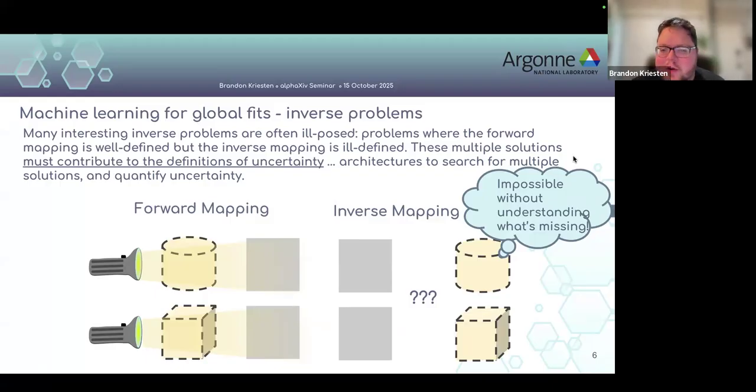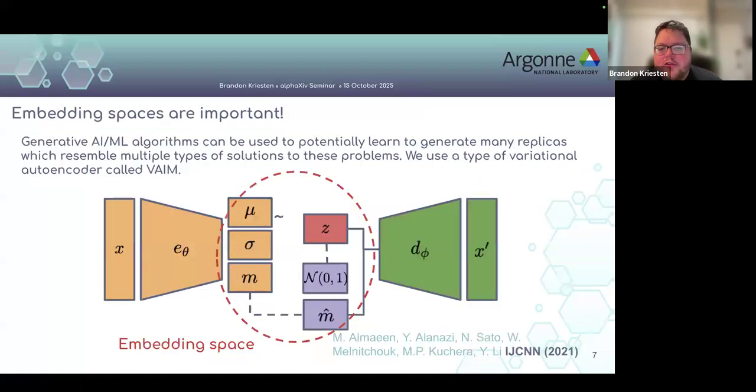I hope this is reminding us of this parameterization dependence I've been discussing within the PDF world, because this is exactly what we're thinking of. And so what we're trying to do is develop tools which look at this, solving this inverse problem and looking for multiple solutions. So we do this through a very simple, probably almost archaic seeming example with a variational autoencoder.